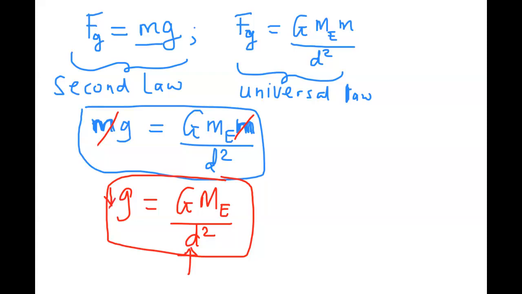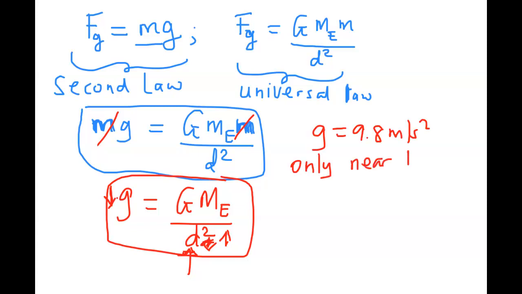If distance goes up, then g goes down. All right, so g is equal to 9.8 meters per second squared only near the Earth's surface. Otherwise, we have to calculate it.